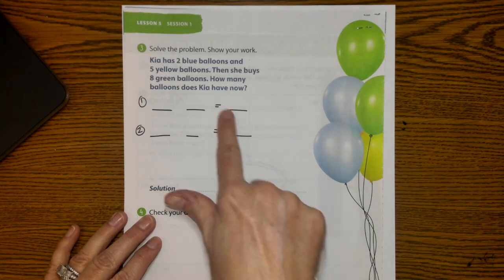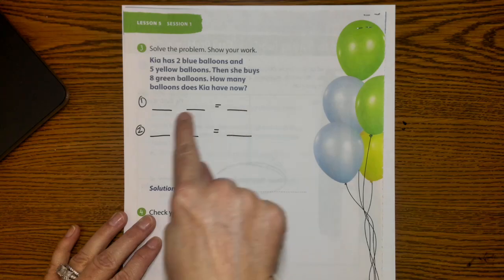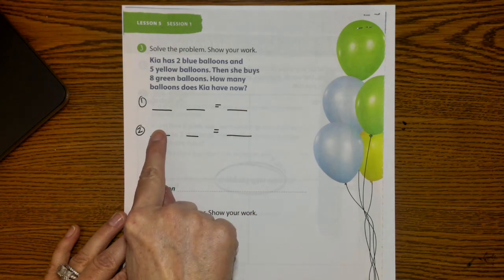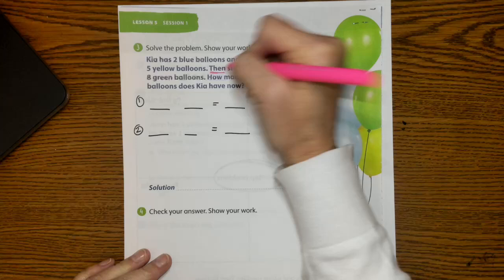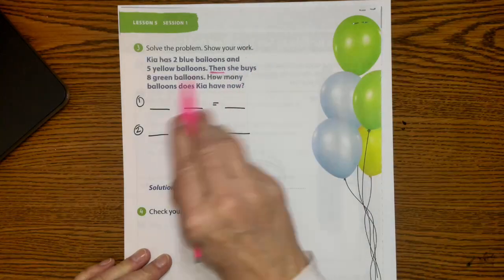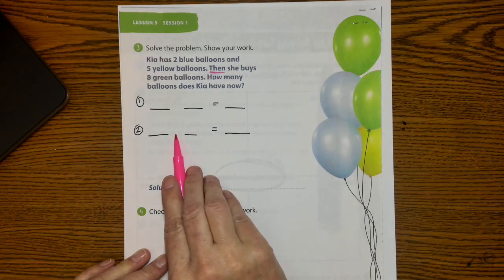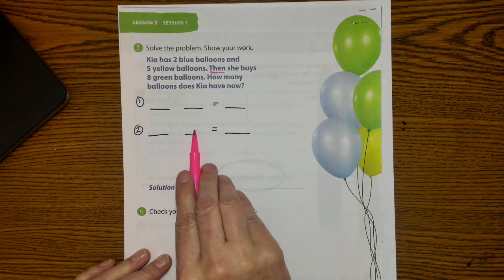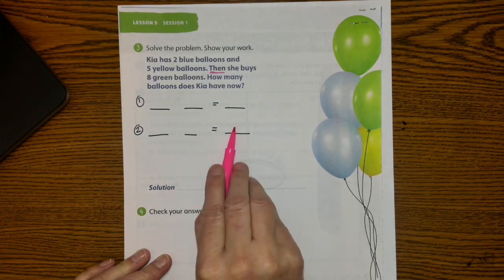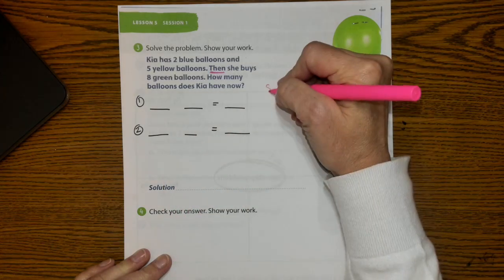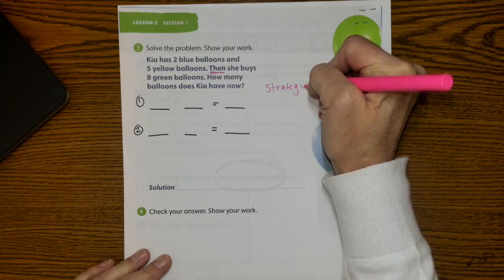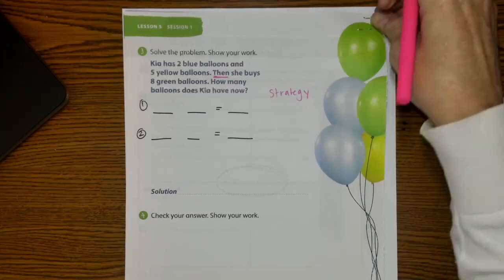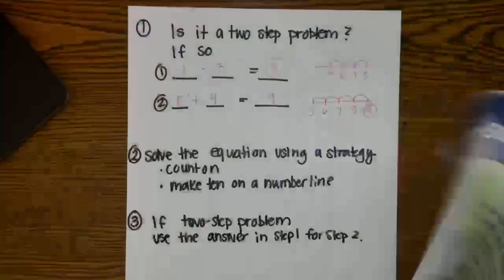Then you're going to use this answer right here to put right here. Then, this is my magic word, then. So it sounds like I'm moving on to step 2. Then she buys 8. So is that add or subtract? And she buys 8 balloons. Now how many does she have? Make sure they're using strategies to find these answers, ones that we've used before.